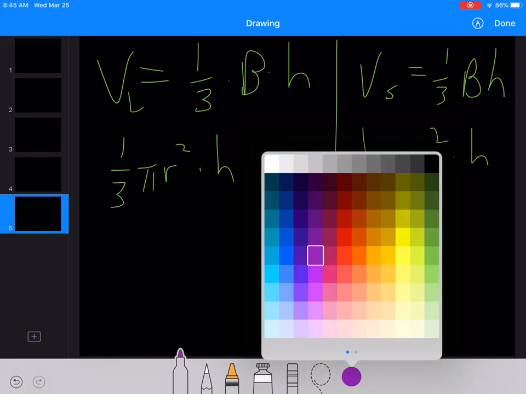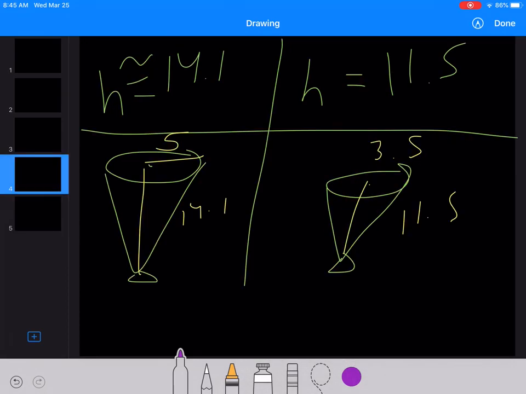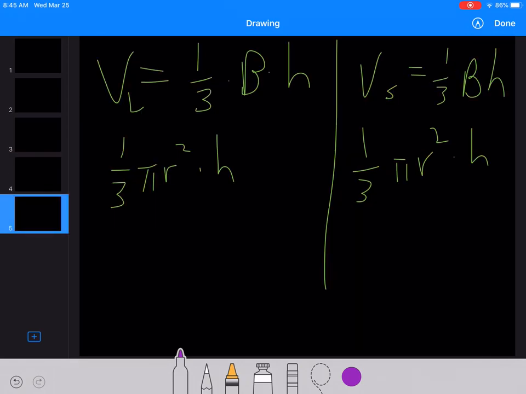Alright, so r we just saw was 5. R is 3.5 for that one. Well, 5 squared, h is 14.1, times 1/3 pi.